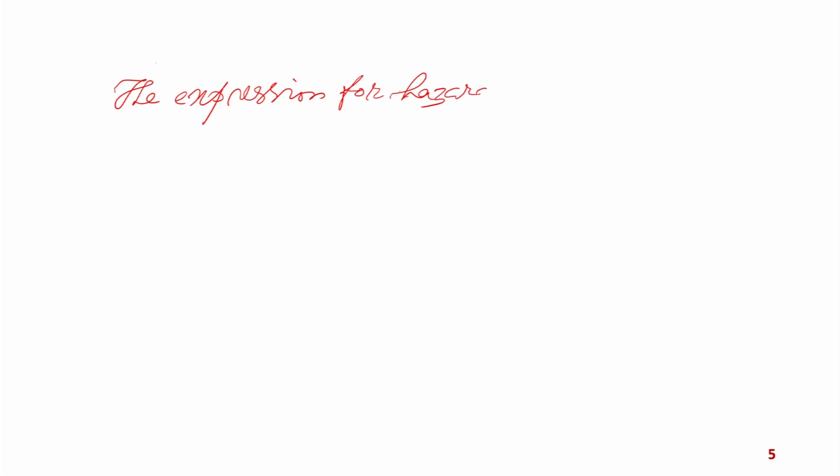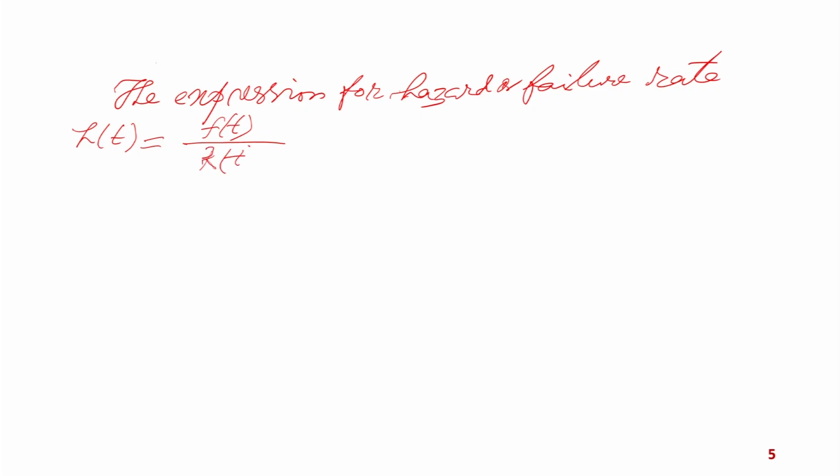hazard failure rate. So, it is h(t), which is given by f(t) divided by R(t). Here f(t) is the probability density function of the failure.